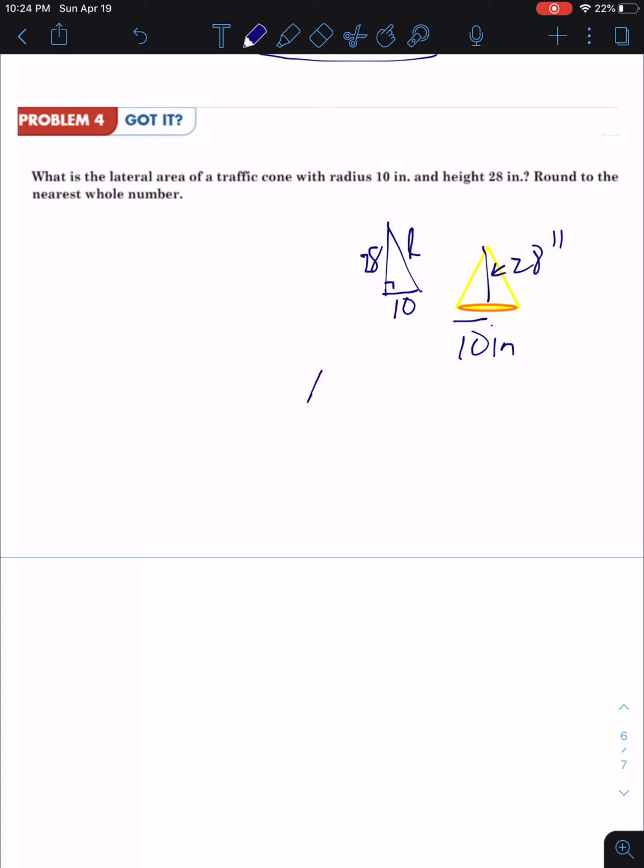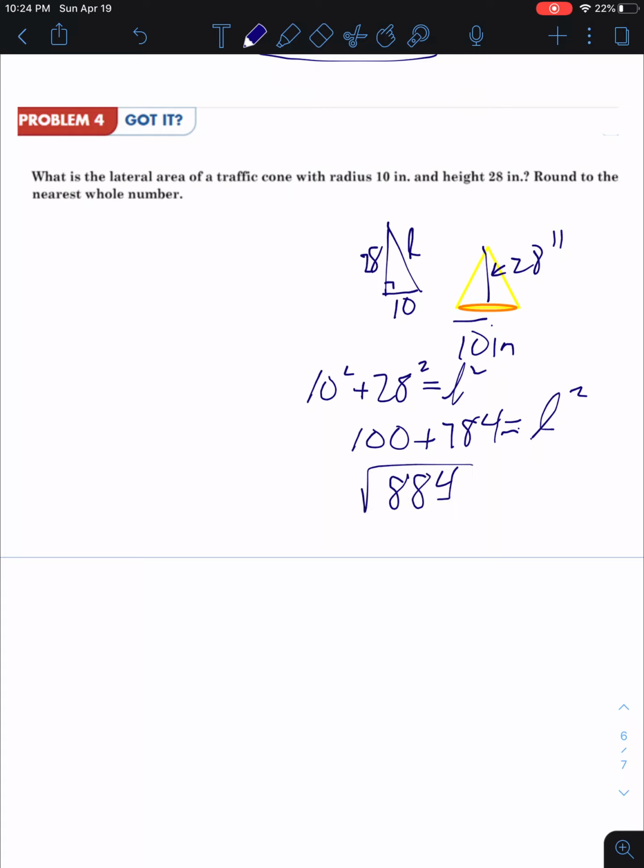And again, 10 squared plus 28 squared would equal L squared. That's 100 plus 784 equals L squared, which is 884. And if we take the square root of 884, we'll get L. And L is going to be approximately 29.732.